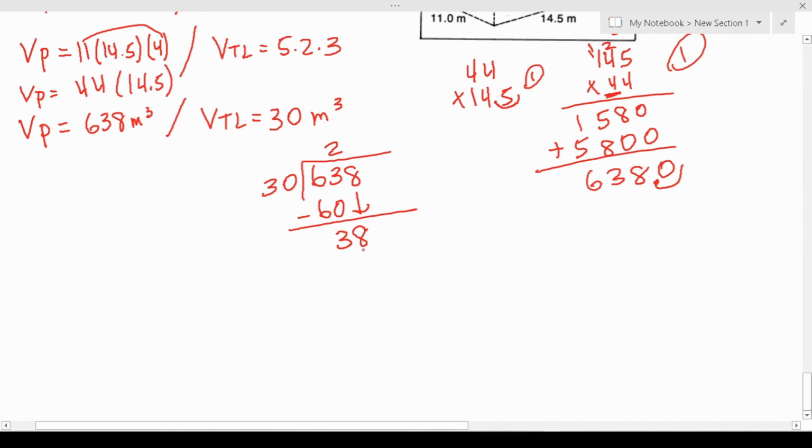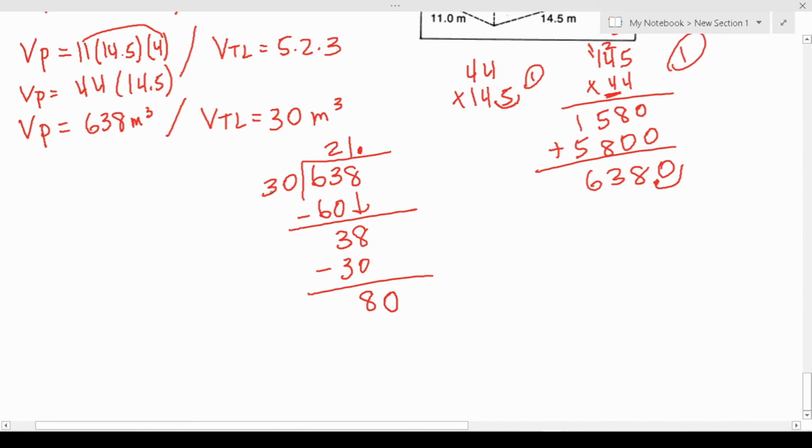Now the question is, how many times does 30 go into 38 without going over? It's going to be 1 time. 30 times 1 is 30. We're going to subtract. 38 minus 30 is 8. Now the question is, how many times does 30 go into 8 without going over? It doesn't, so we have to add a 0. When we add that 0, it's going to prompt us to bring a decimal up here.